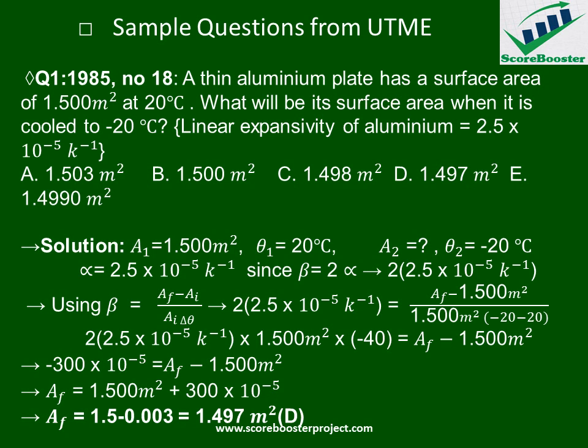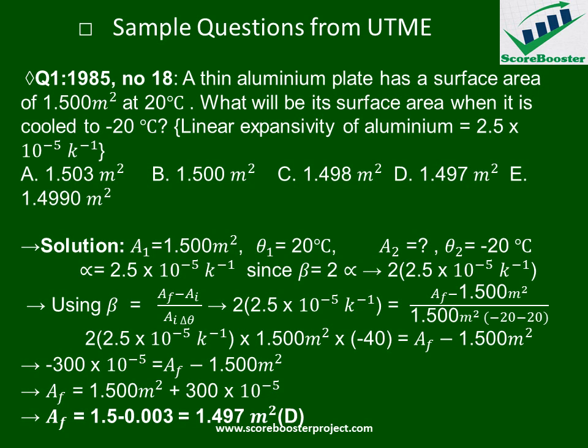Therefore, using area expansivity beta equals final area, which is AF, minus initial area, which is AI, over initial area, that is AI, times delta theta, that is change in temperature.